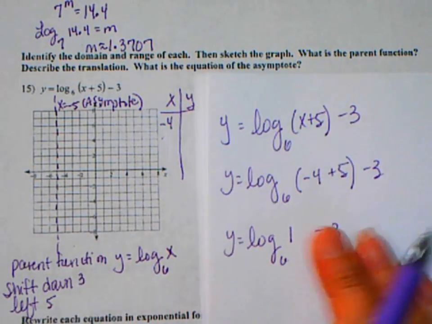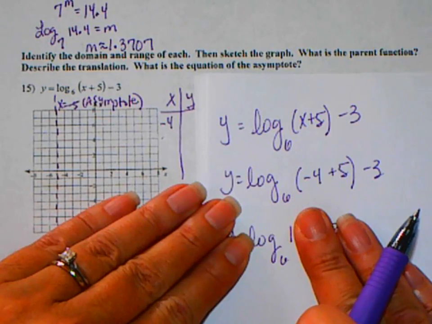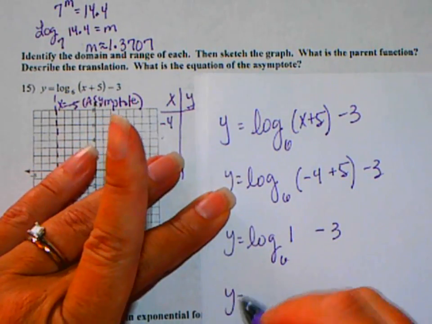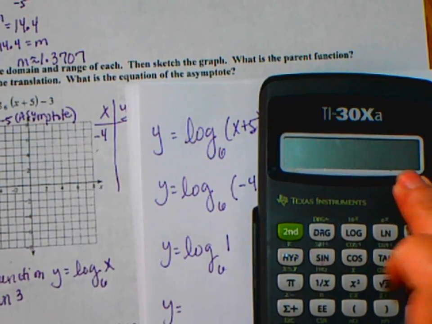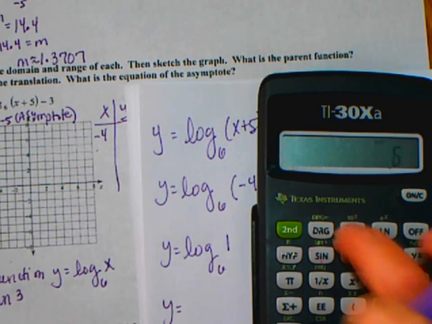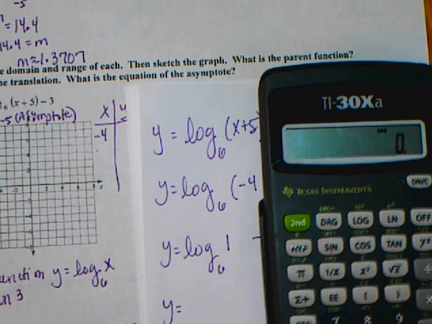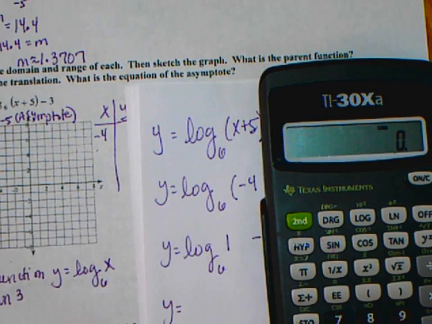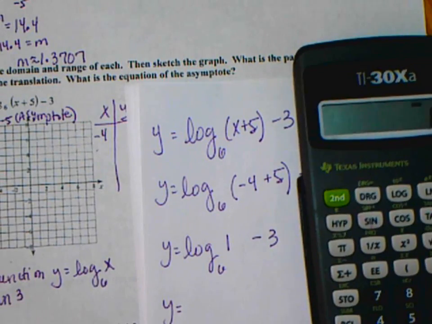Change of base formula, right? On log base 6 of 1. Let's put that in the calculator and see what that is. So 1 log divided by 6 log equals 0, but I don't think that's right. Did I do that correctly?